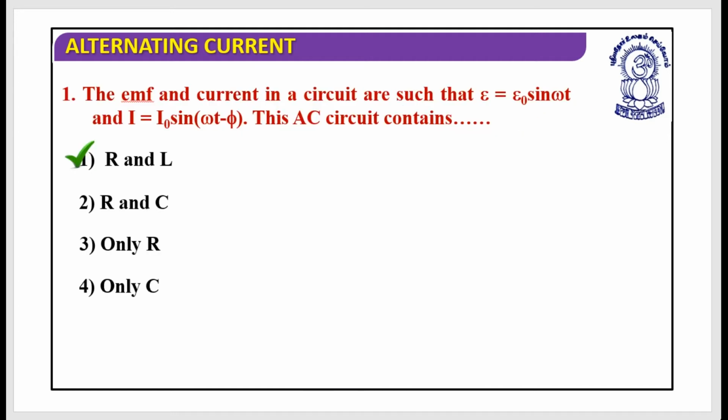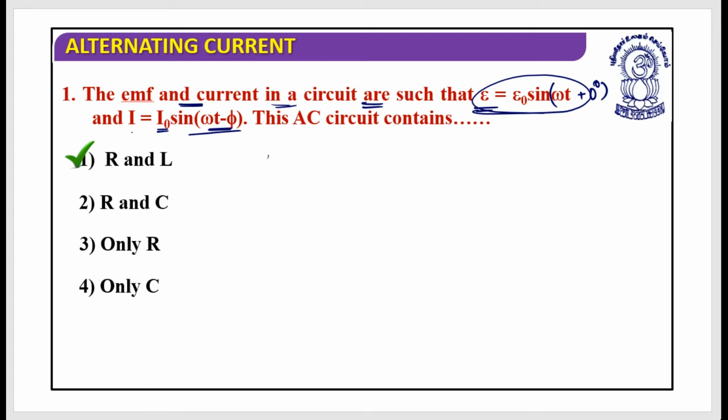Great. Let's see certain quick questions. The EMF and current in a circuit are such that E equals E0 sin ωt, and I equals I0 sin(ωt − φ). Here you can see this is ωt plus 0 degree, and here the current is ωt minus φ.